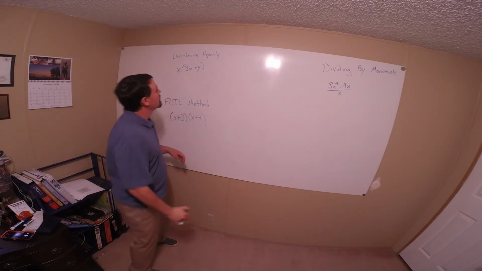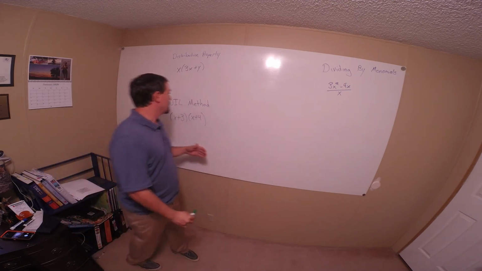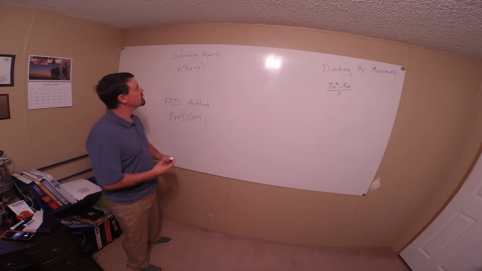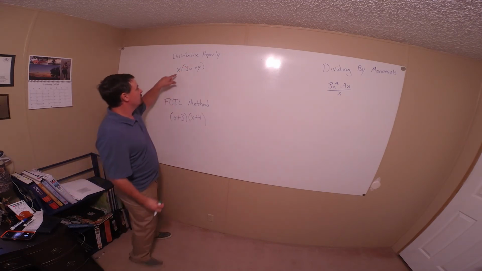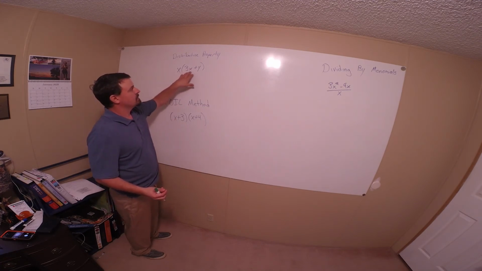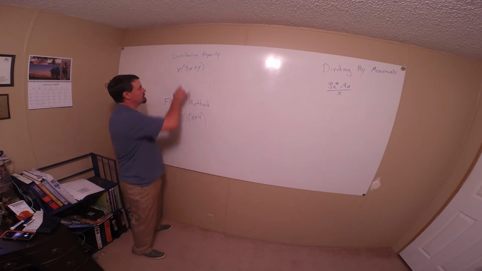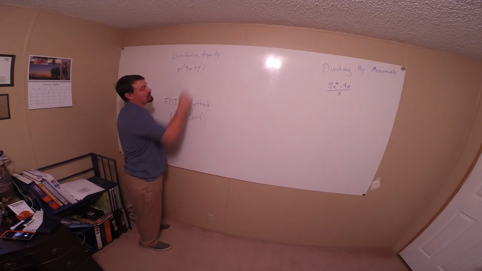Now, we're going to hit a few properties here and a few methods dealing with polynomials. So the first one that we need to review is the distributive property. So remember with the distributive property, you've got this x times this 3x plus y. Okay, this 3x plus y is obviously in parentheses. So we need to distribute this x to both of these terms.